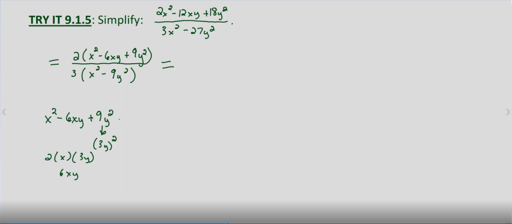So that means that we can factor this as a perfect square trinomial. Just to refresh your memory, if we have a squared minus 2ab plus b squared, that factors to a minus b squared.